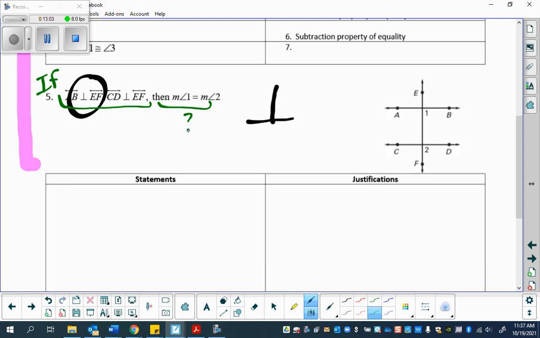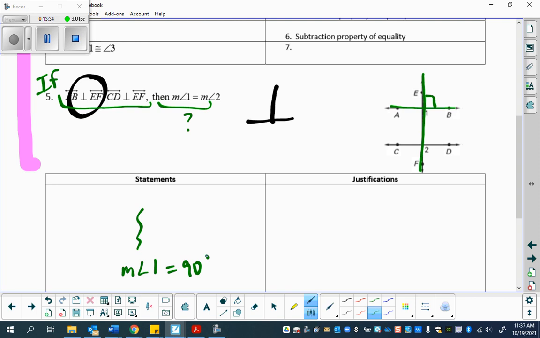So if line AB is perpendicular to EF, then you have a right angle. If it's a right angle, it has a measure of 90 degrees. Both of those are by definition. So then I know that I can prove down here in the body of my proof that the measure of angle 1 is equal to 90 degrees as an outcome of those two definitions.